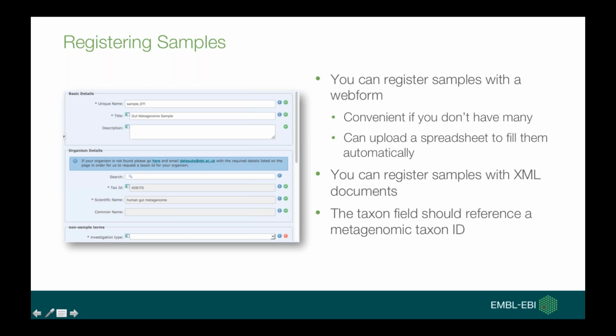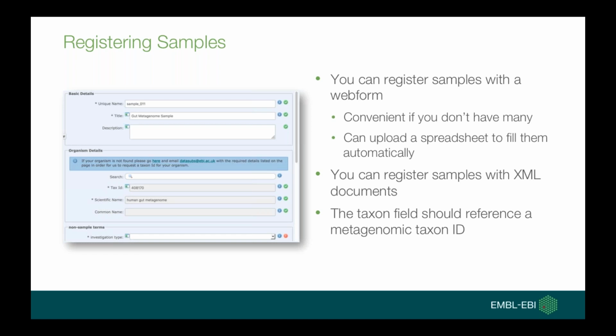So obviously with your sample, you have to specify what taxon you're submitting to, and there's lots of different special metagenomic taxa that you can use in your submission. In this case, we've used the human gut metagenome as our example, and that has tax ID 408170. These come from a taxonomy database, so you have to submit something that is in the database, and this helps to make data more comparable once it's public in the database.